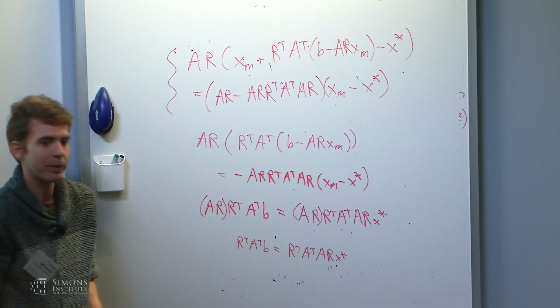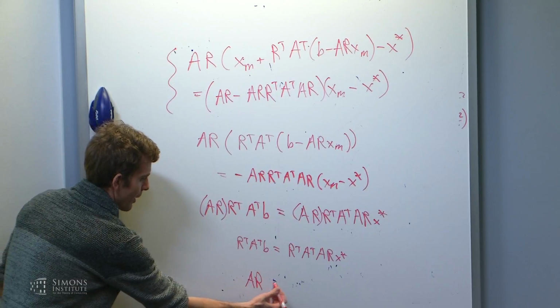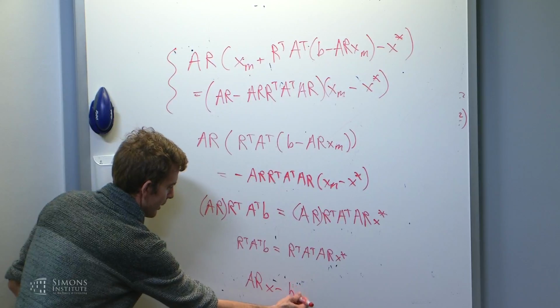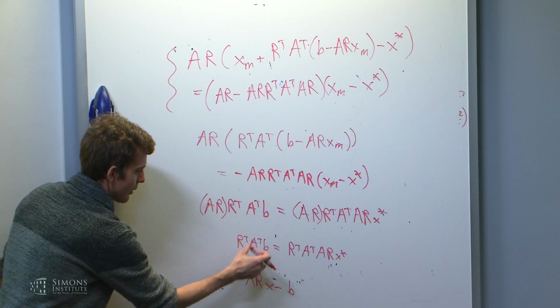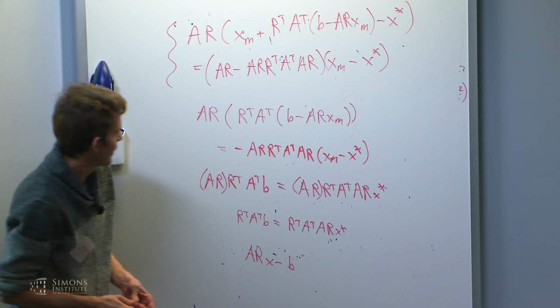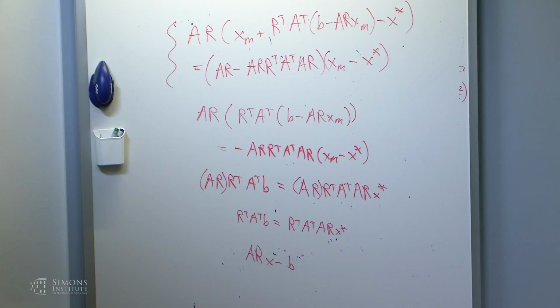These are exactly the normal equations, right? If I look at solving the regression problem, A R x minus b, then I would get these normal equations, right? Okay, so that's why the second equation holds. Questions?